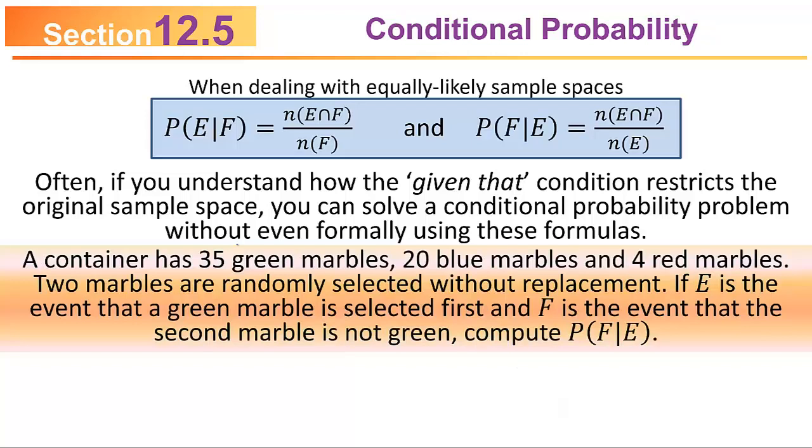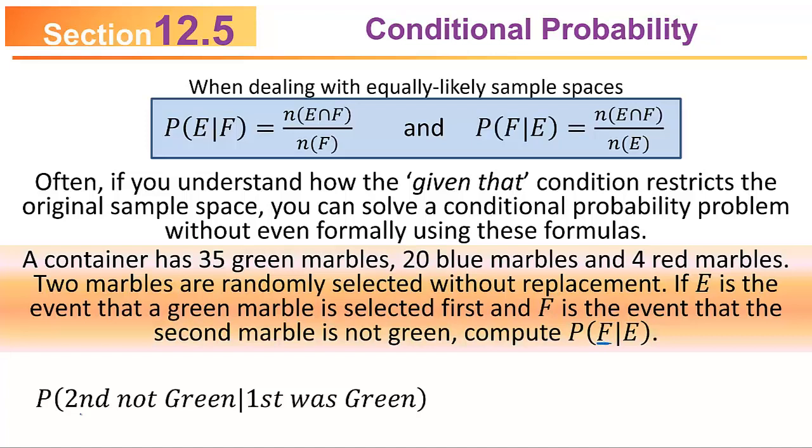How about this one? A container has 35 green marbles, 20 blue, and 4 red marbles. 2 marbles are randomly selected without replacement. If E is the event that a green marble is selected first and F is the event that the second marble is not green, compute the probability of F given E. I will say that when I see these problems where the events are given letter names, if they tell me what the actual events are, my inclination is to replace the letters with an actual phrase representing the event.